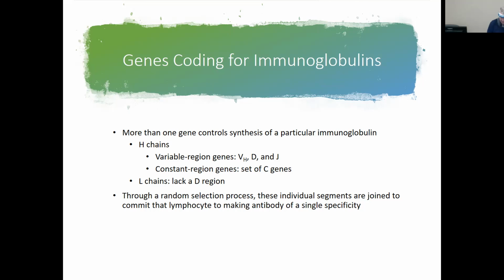You see all of that starts off really long, and then some changes occur. So we've got this DNA chromosome, and you'll see a variable, a D, a J, and a constant. We really call the variable region VDJ, which means that's where the rearrangement occurs.